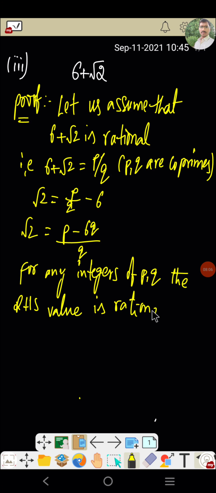The RHS must be a rational number only. But LHS is irrational. This is contradiction. Both are not equal.